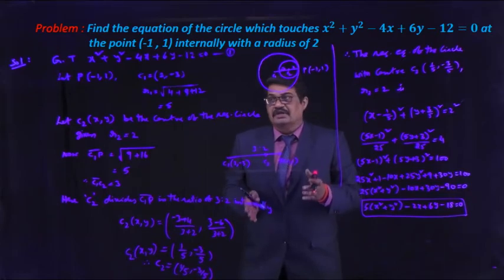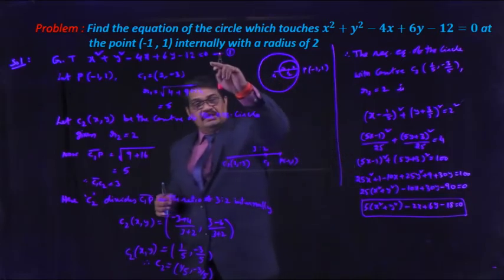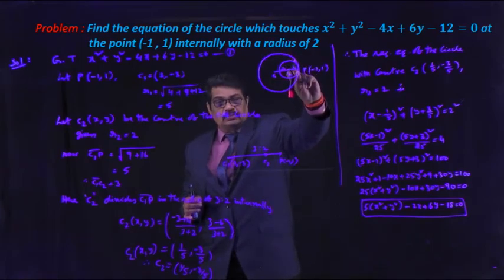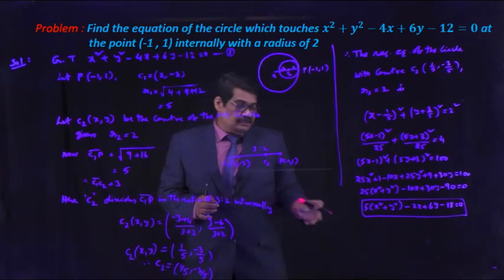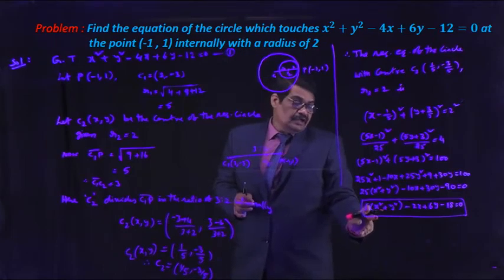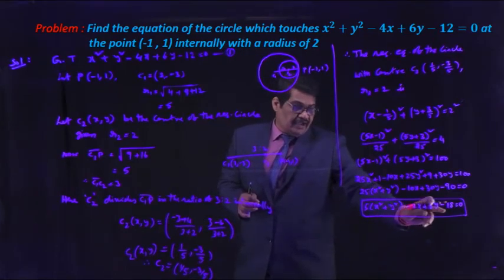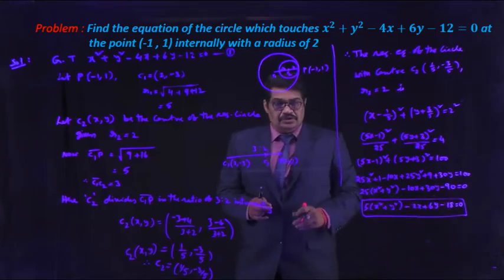Okay, the required circle touches internally to the given circle and has the radius 2. Okay, we are obtaining that circle equation is 5 into x square plus y square minus 2x plus 6y minus 18 is equal to 0.